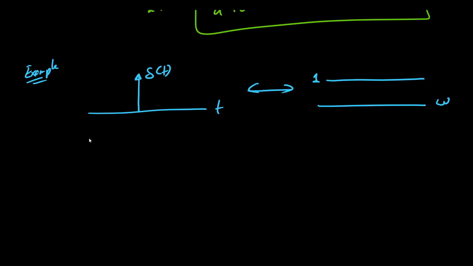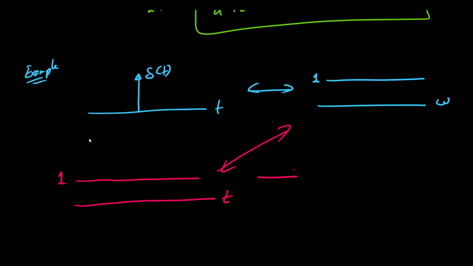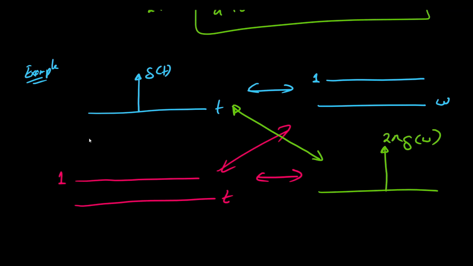So the transformation in terms of change of variable, we have a 1 across all time, and hence its pair would be delta of omega multiplied by 2 pi, with respect to omega. Note that delta of minus omega is equal to delta of omega.